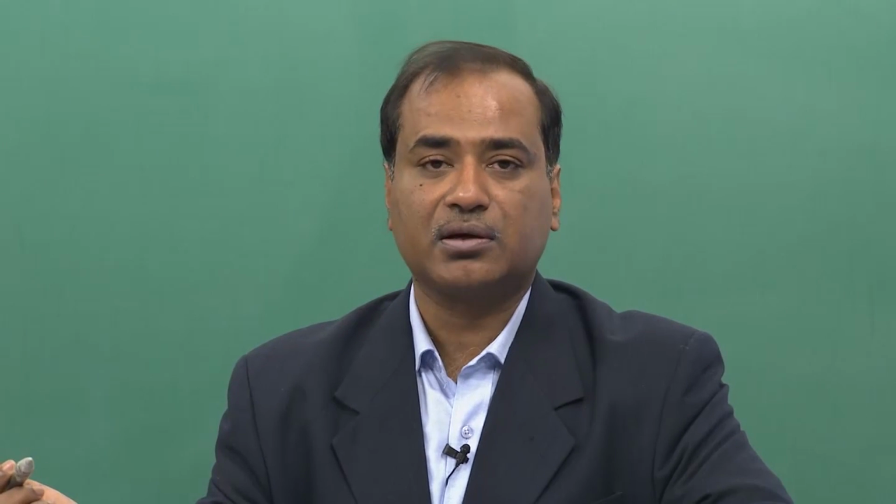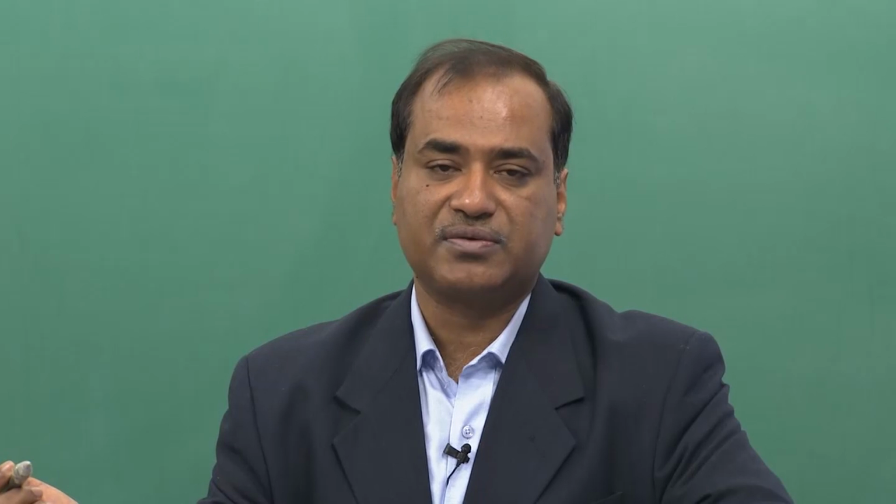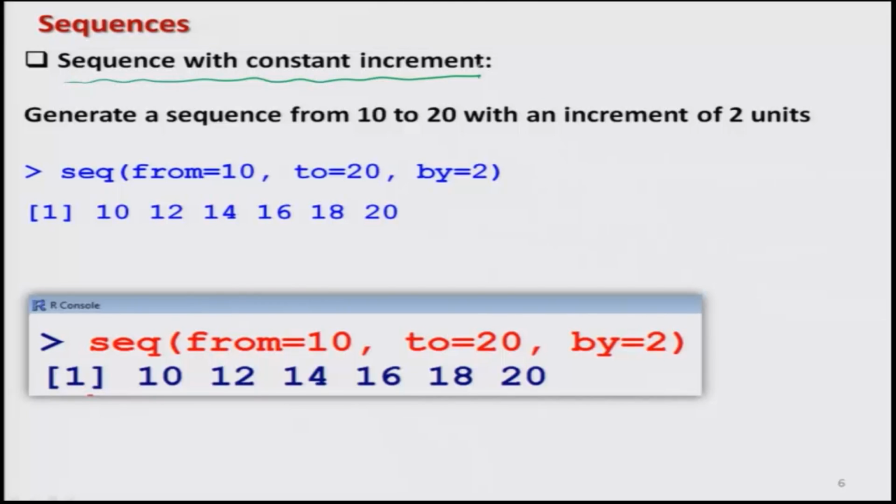In this case we can also generate a sequence which has a constant increment which is not equal to the default increment of 1 unit. Okay. So, now I take an example where I generate a sequence from 10 to 20 and I want the increment to be of 2 units.